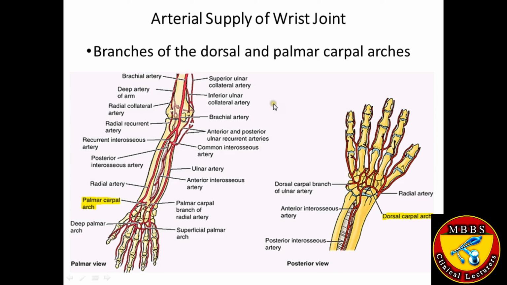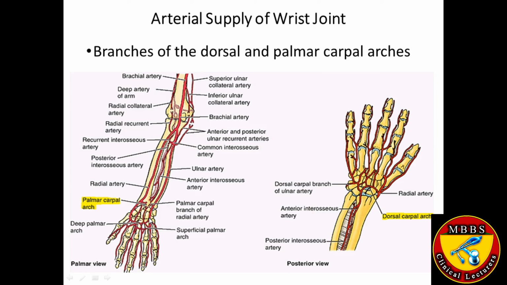Now, what is the arterial supply of the wrist joint? The arteries arising from the palmar and dorsal carpal arches supply the wrist joint. Now, what is an arch? An arch is formed by the union of different arteries.